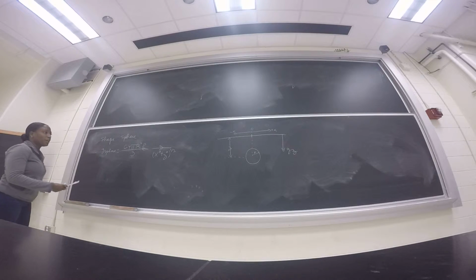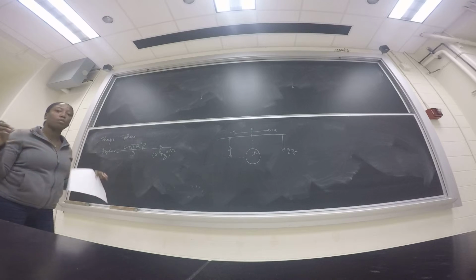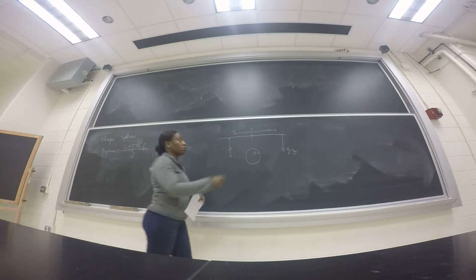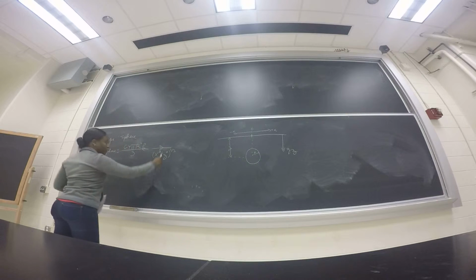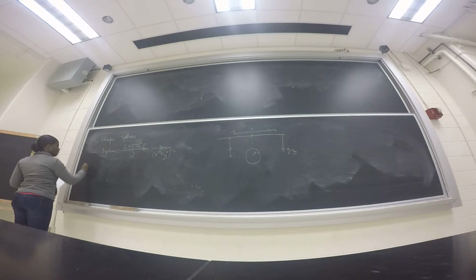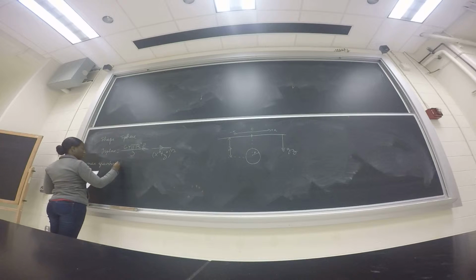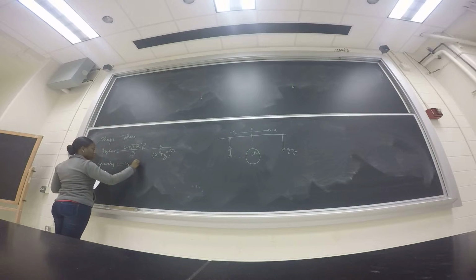So what we want to do next is, we know that we're going to get a maximum gravity when x is equal to 0. So we're going to replace x equals 0 here. So at first, maximum gravity, x is equal to 0.